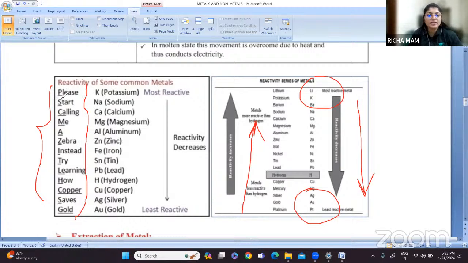P means potassium, S means sodium, C means calcium, M means magnesium, A means aluminium, Z means zinc, I means iron, T means tin, L means lead, H means hydrogen, C means copper, S means silver, G means gold. So you can keep this line in mind and write down the reactivity series of these metals.